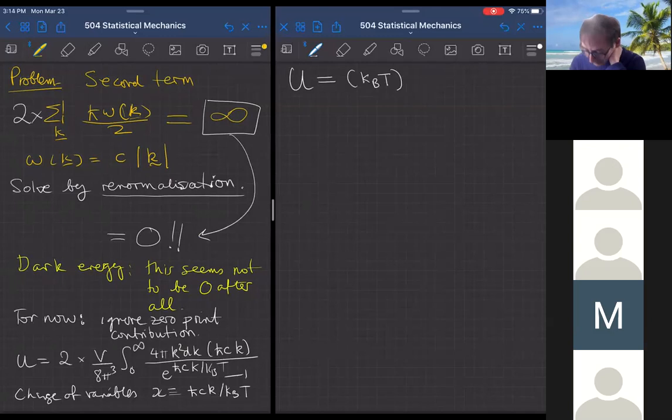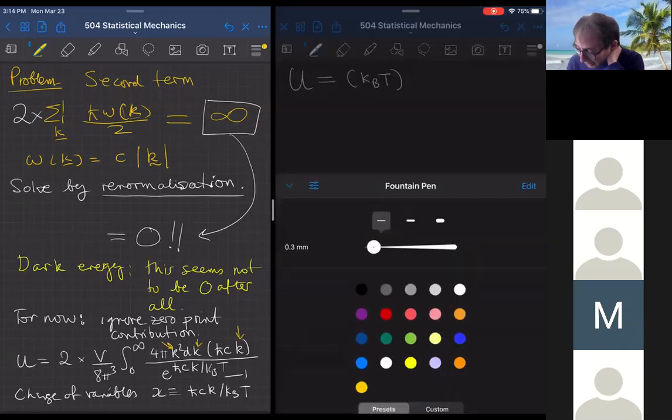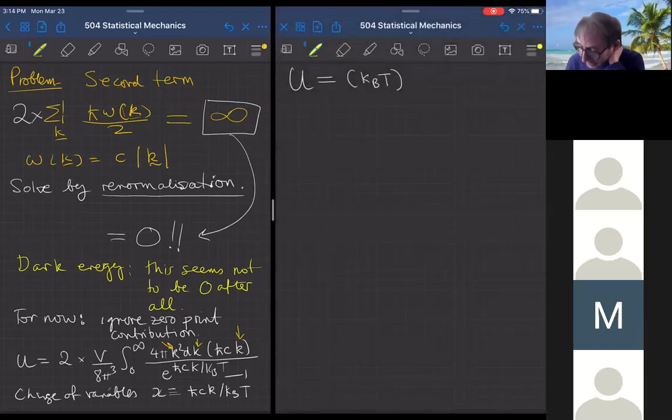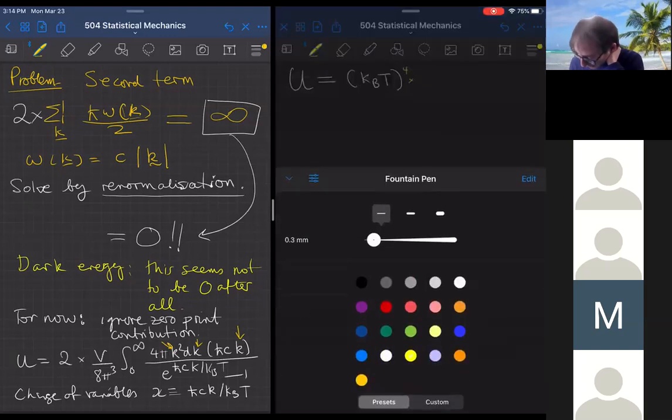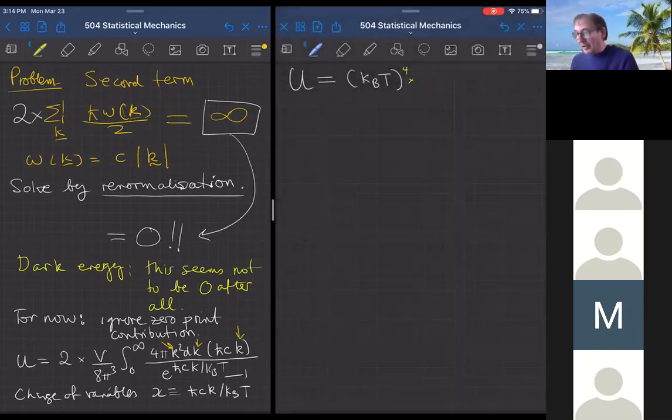It's 4 because we have this one factor of k over here, we have a dk over here, and we have 2 factors of k over here. So when we make a change of variable, this is going to go like k_B T to the power 4, and then it's going to be multiplied by a bunch of constants.